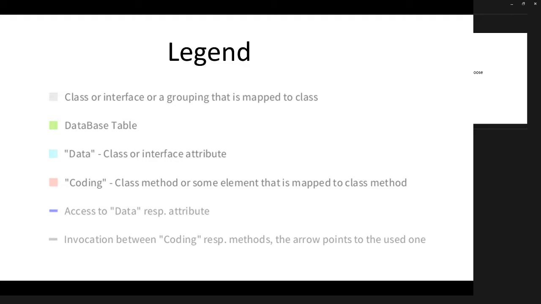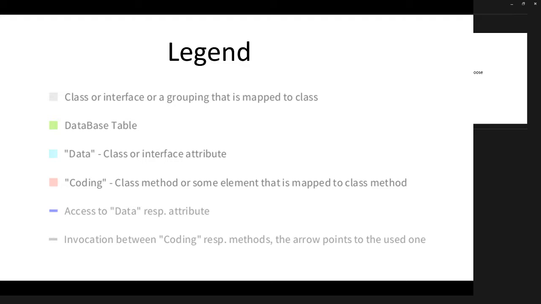Blue is not an attribute of a class only. For me, it is data, something that has data. Attributes store data. And red is not only a method of a class, it can also be a function, it can be the coding of a program, it can be the coding of a transformation. It is something that is coding, that has logic in it.